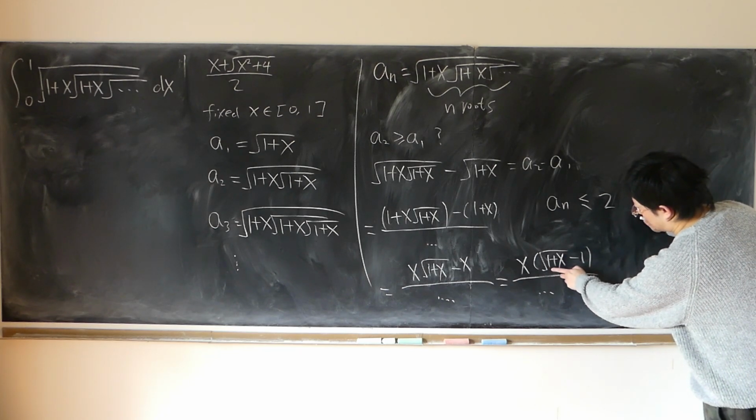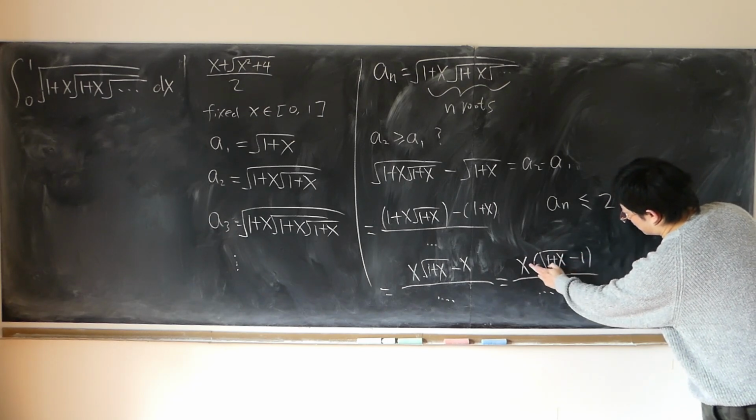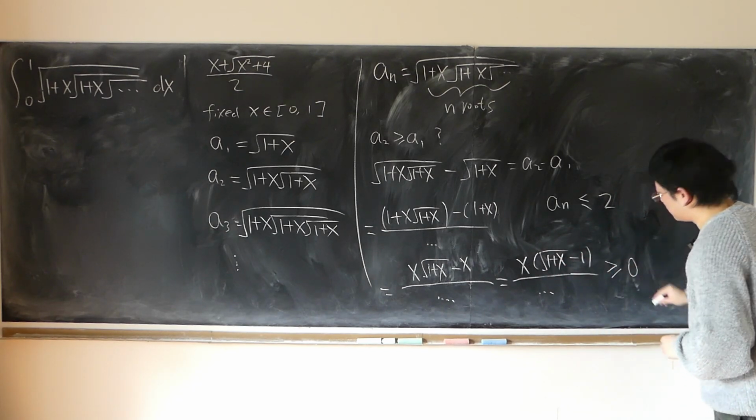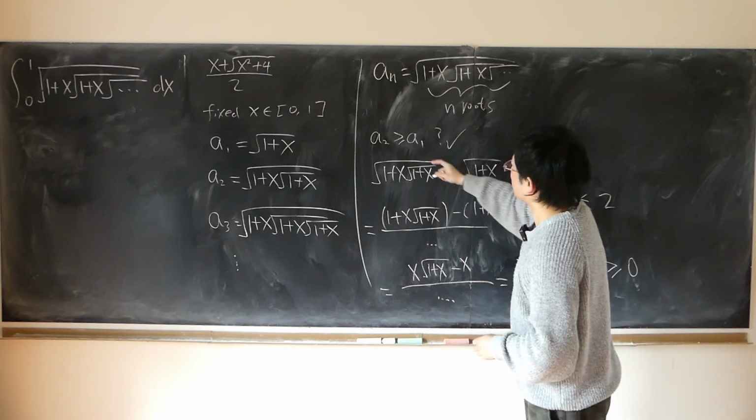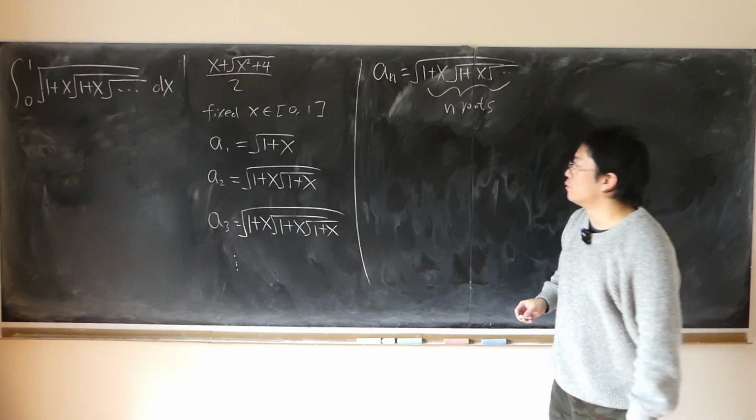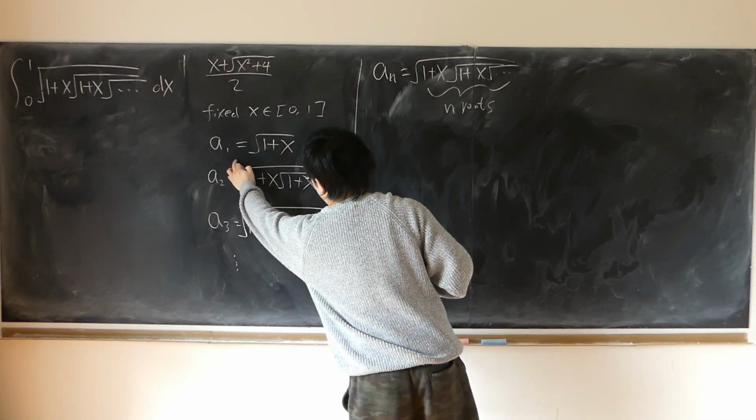This is bigger than 1, so this is bigger than 0. x bigger than 0, so the product is bigger than 0. So a2 is really bigger than a1. So far I've proven a2 is bigger than a1.